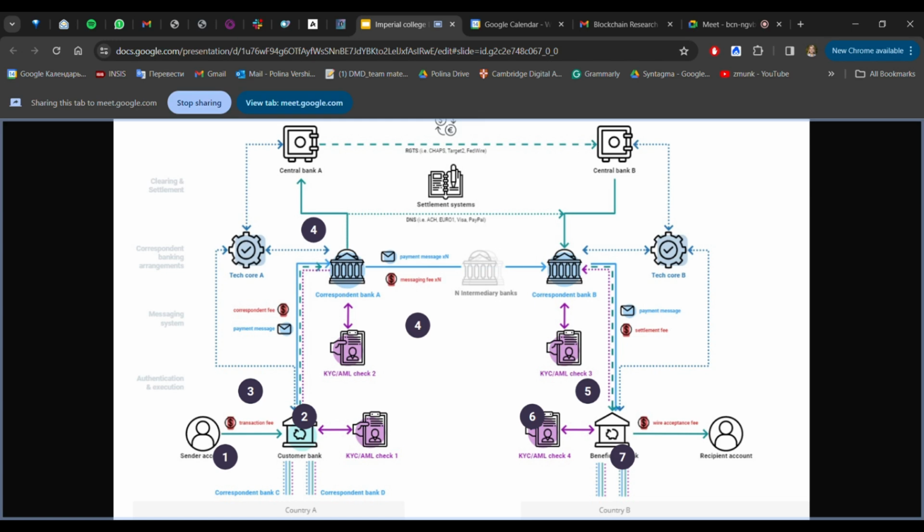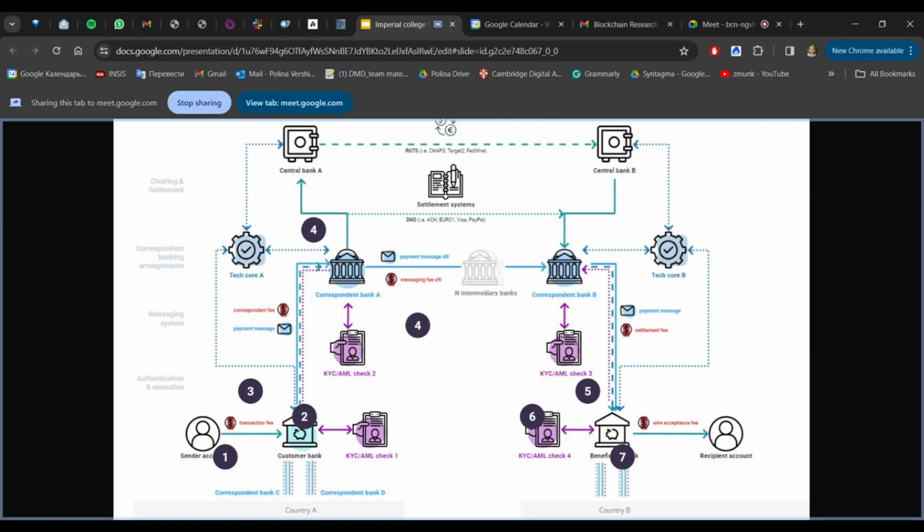So what does it mean to you, even if you know nothing about correspondent banking, cross-border transfers, and everything? What is your immediate reaction from seeing this system? First of all, you see at least 5 points when the fees are collected, which means that the traditional system would be quite costly.